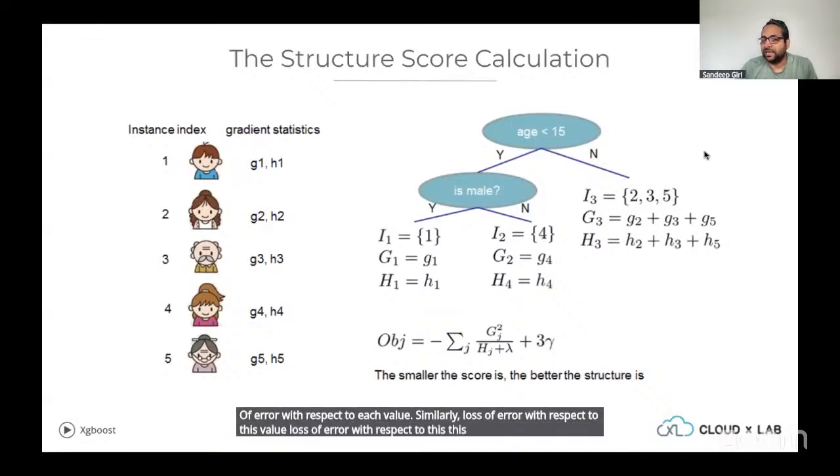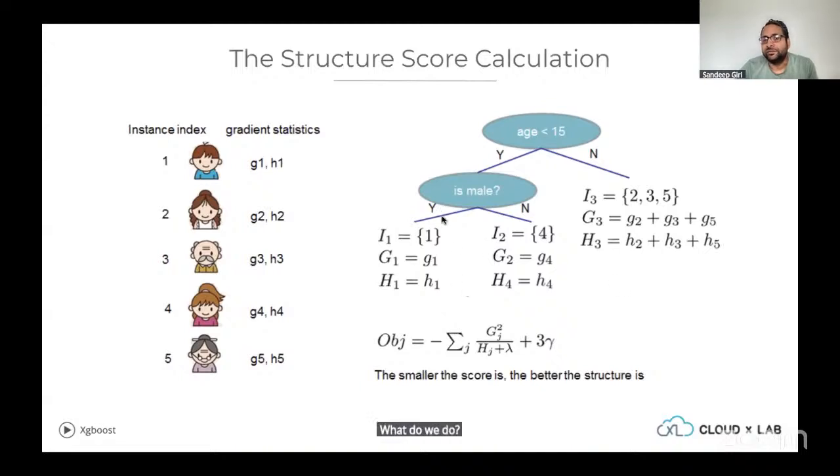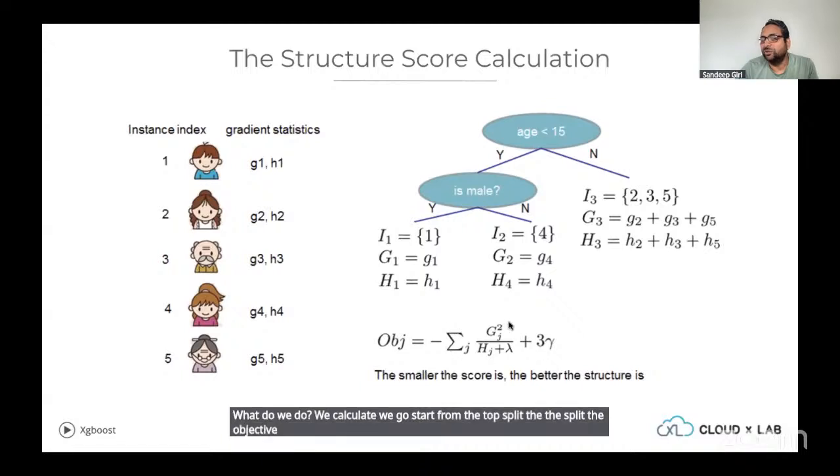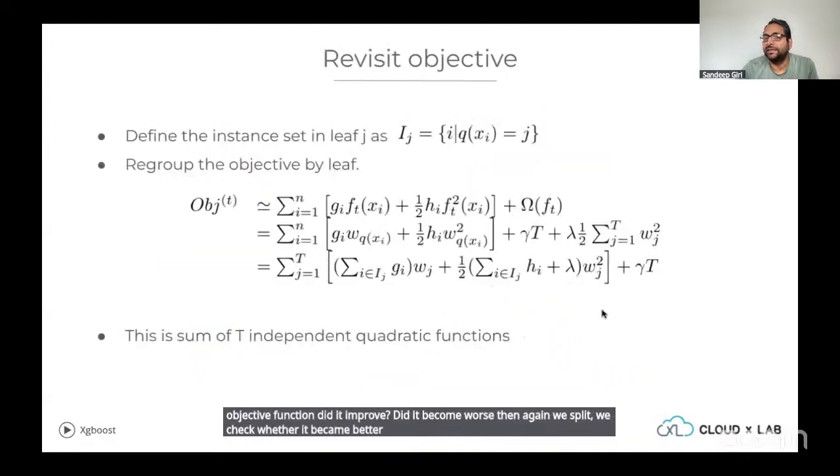So once we have that, we start from the top, split, and check the objective function. Did it improve? Did it become worse? Then again we split, we check whether it became better or worse, and that's it.